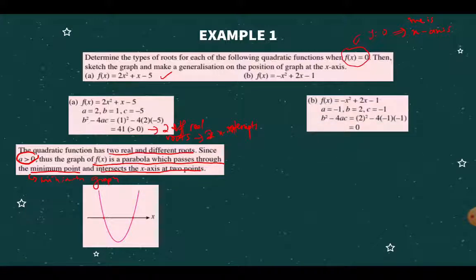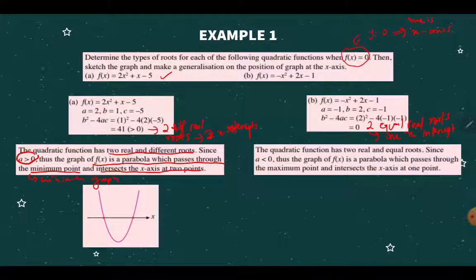When we find the value of the discriminant for function B, we found out that the discriminant equals 0. So that means our type of root is two equal real roots. When there are two equal real roots, it touches at 1 point, so we have only one x-intercept. The quadratic function has two real and equal roots.